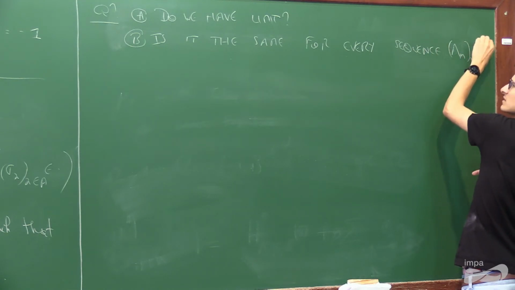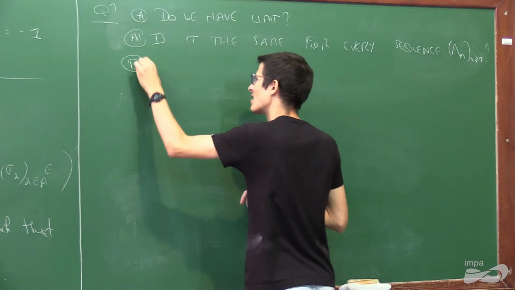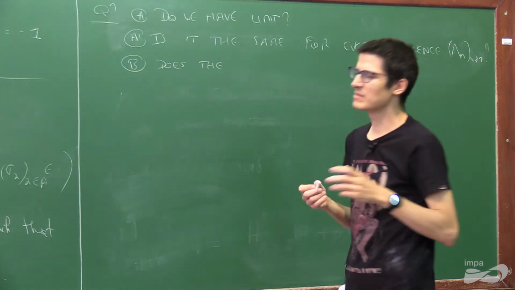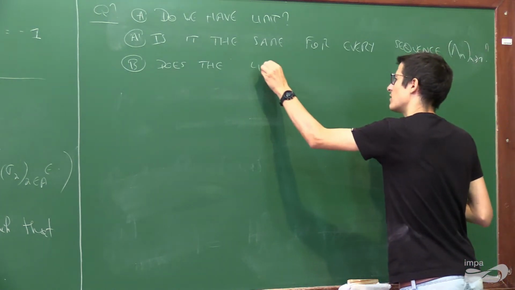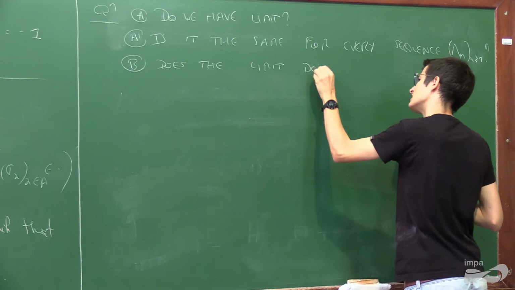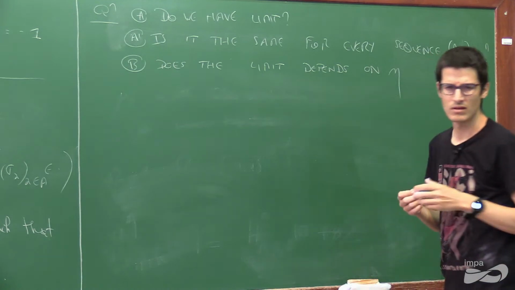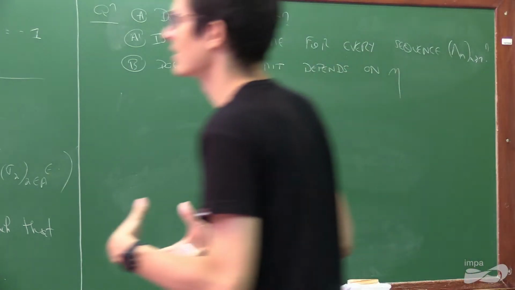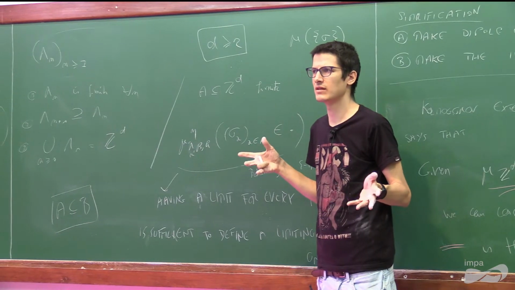These two questions are a bit of the same. Does the limit depend on beta and h? It's kind of clear that it will, but what is less clear is whether the limit depends on eta, because the boundary kind of moves away from A when n goes to infinity.